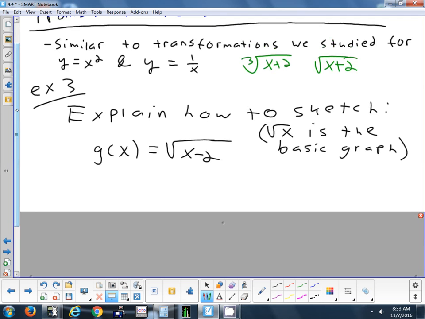All right, so let's start with square root of x minus 2. You're going to compare that to the square root. You always just compare it to the basic one if it didn't have any numbers for A, B, C, and D other than a 1, or a 0 in case of vertical stretch or horizontal shift.